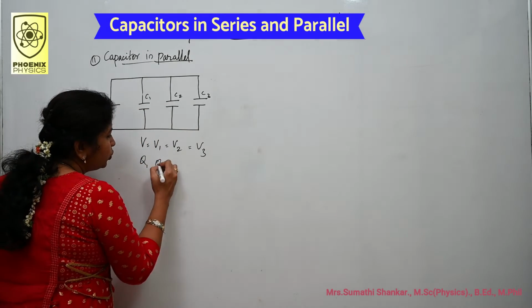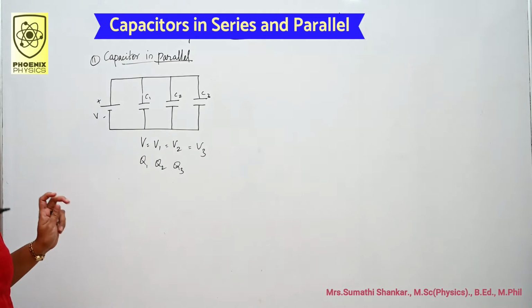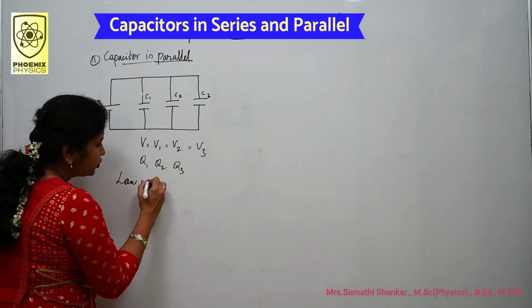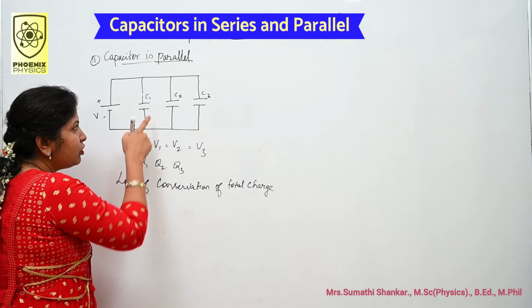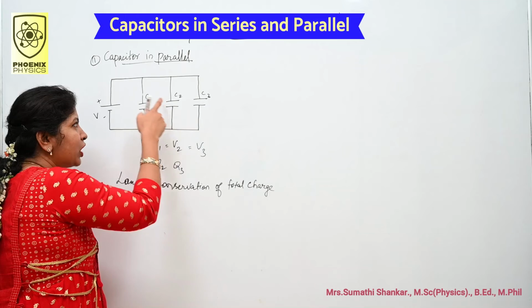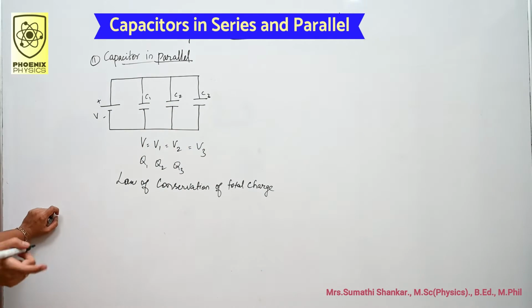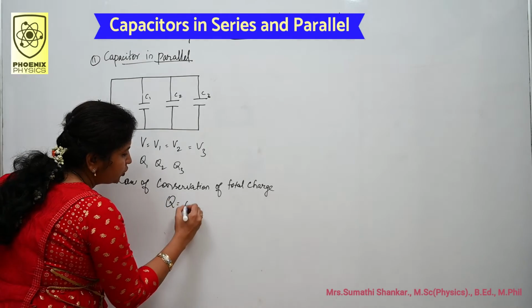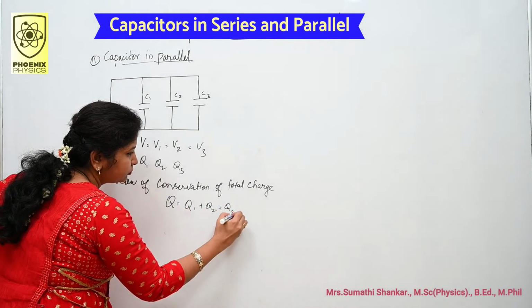Let the charges stored in the three capacitors be Q1, Q2, Q3 respectively. According to the law of conservation of total charge, the sum of the three charges is equal to the charge Q transferred by the battery. So Q is equal to Q1 plus Q2 plus Q3.